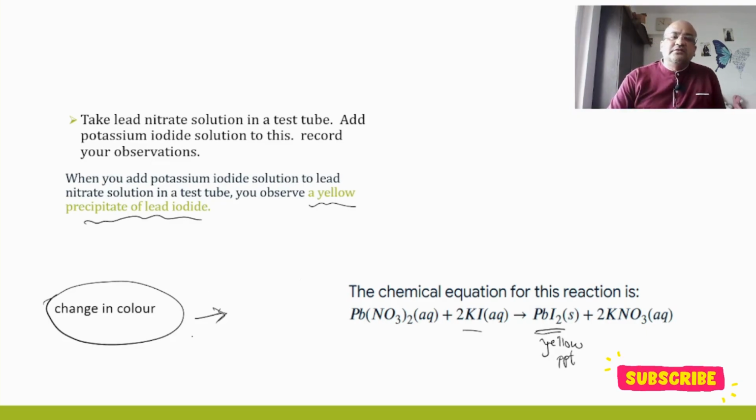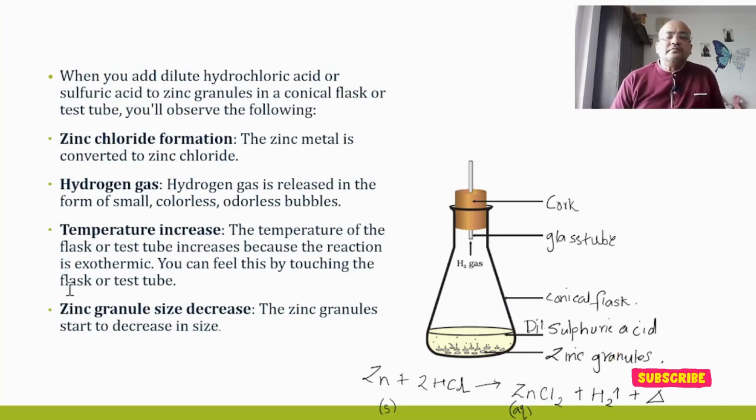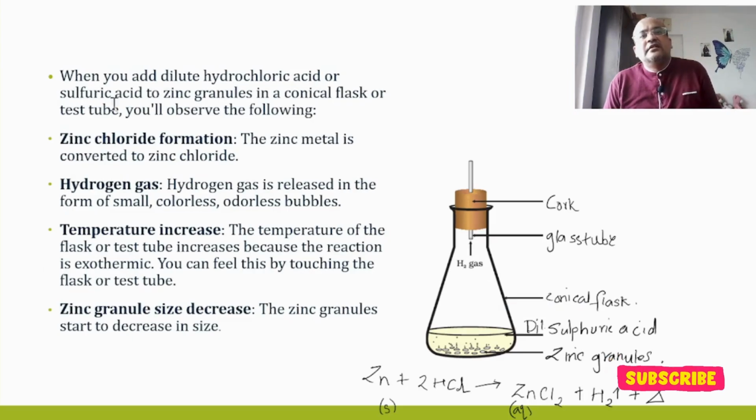Let us take some more reactions. Let's take a reaction in which you need to take a conical flask. In the conical flask, when you add dilute hydrochloric acid or sulfuric acid to zinc granules in a conical flask or a test tube, you'll observe the following things.